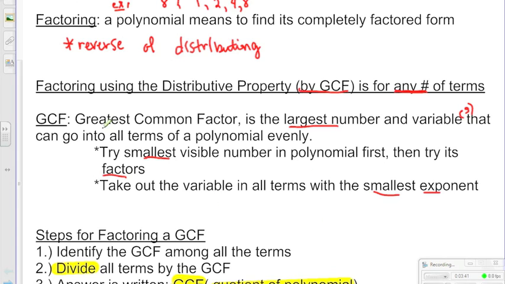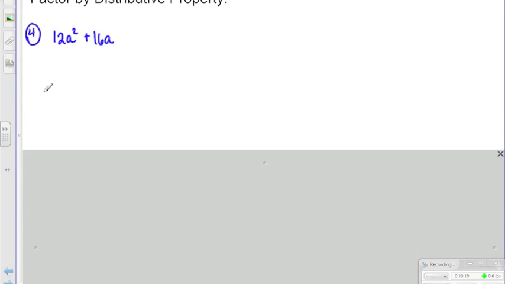So now let's apply these steps to an example. So we factor by this distributive property, that also means factoring by GCF. So step 1, find the GCF among our terms. So I have 12 and 16. So we always try, can 12 go into 16 evenly? No, it can't. So I'm going to show some scratch work over here.